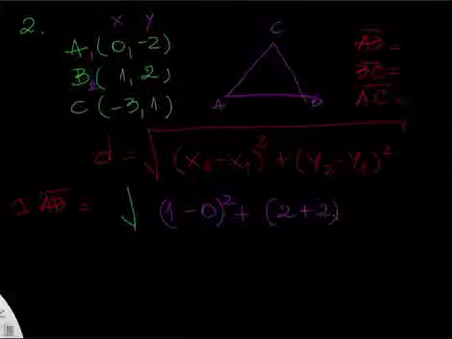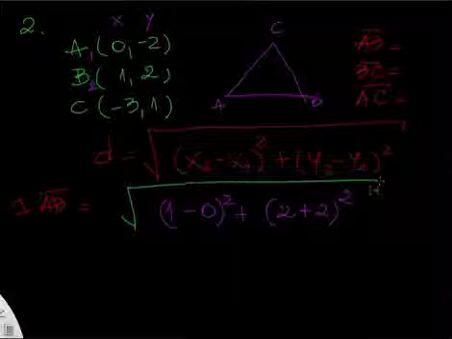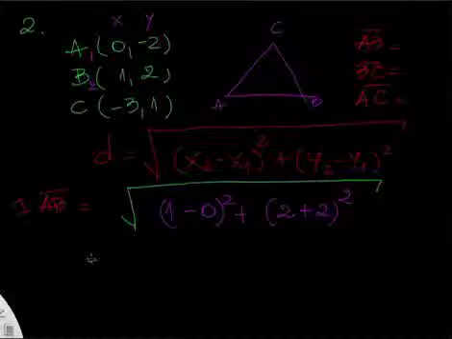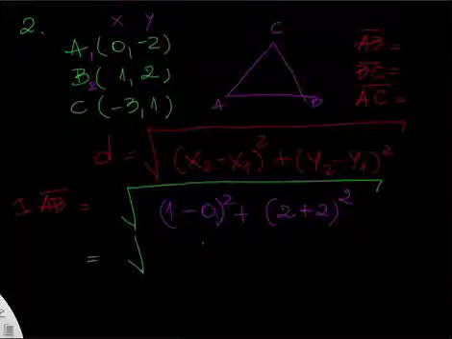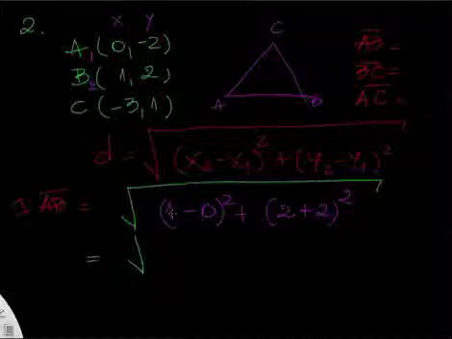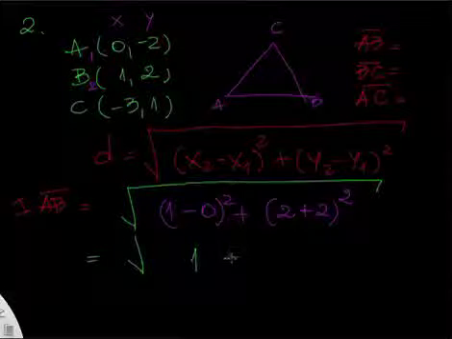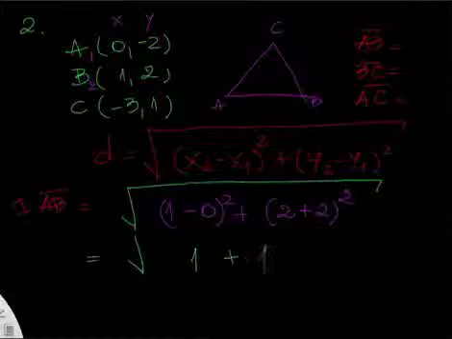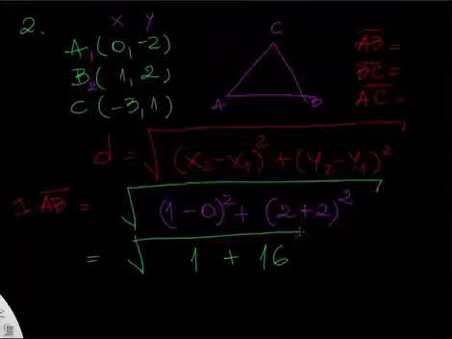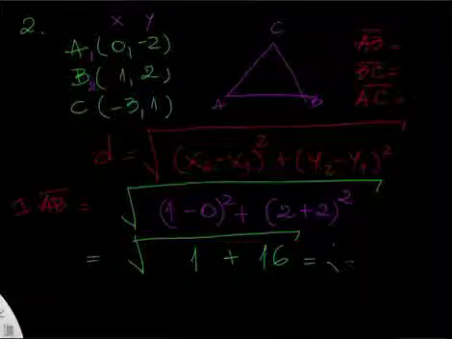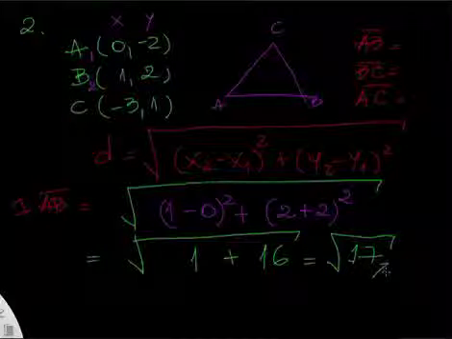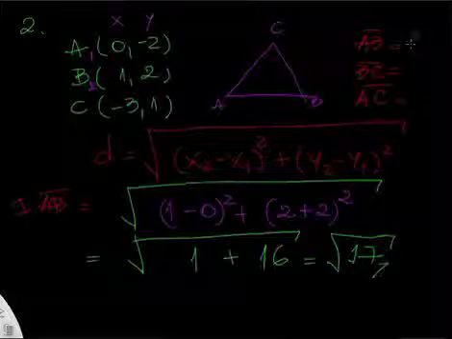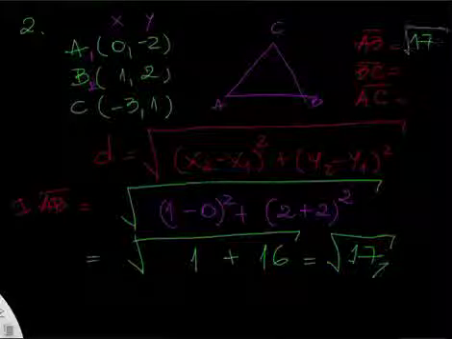So it's 2 plus 2, all that squared, and everything inside my square root. And now, easy, I just have to simplify. 1 minus 0 is 1 squared. 1 squared is 1, and 2 plus 2 is 4. If I square that, it's going to be equal to 16. 1 plus 16 is equal to 17. Very good. Done. So I know that the first distance is the square root of 17.